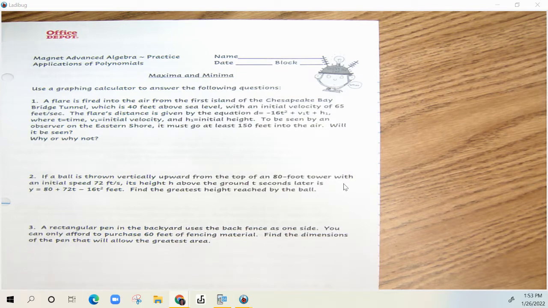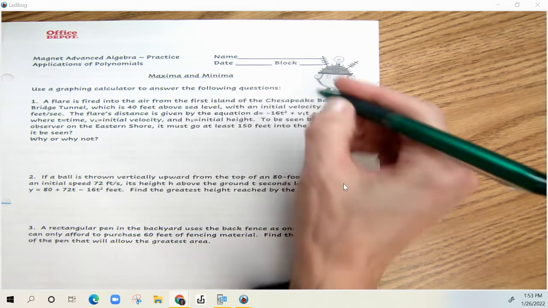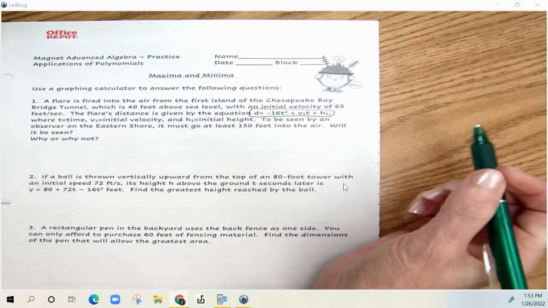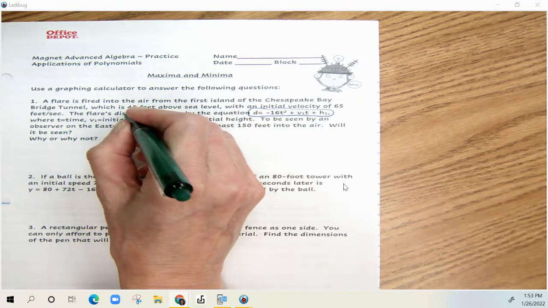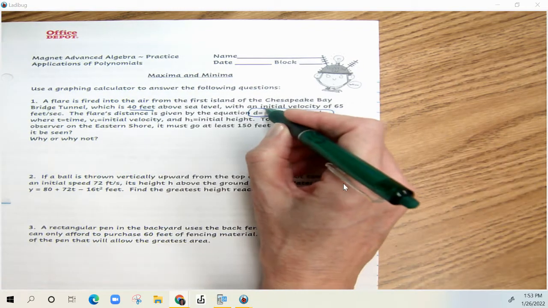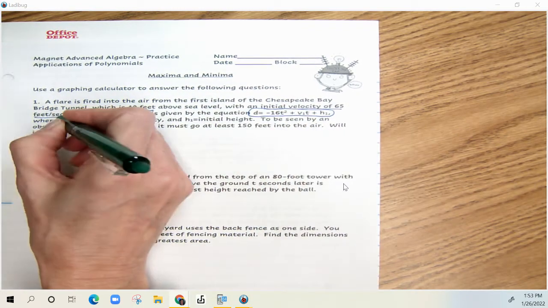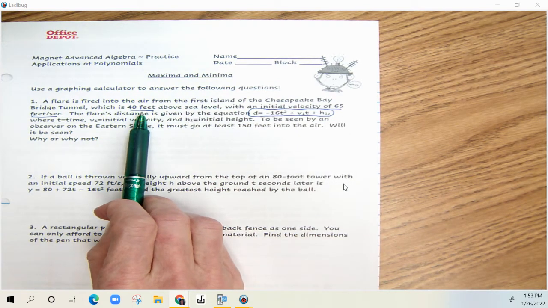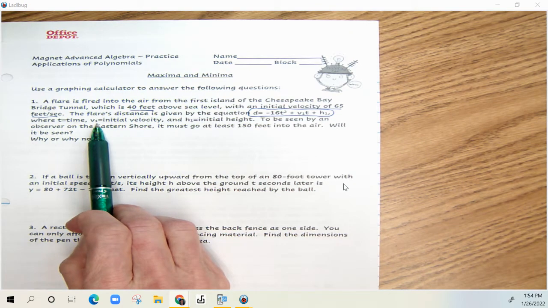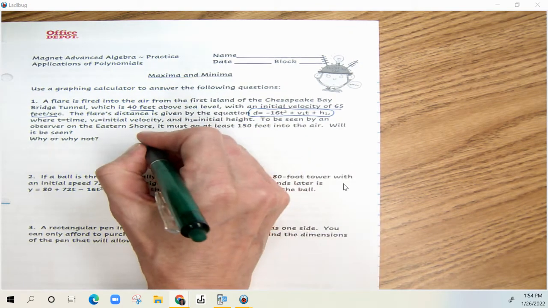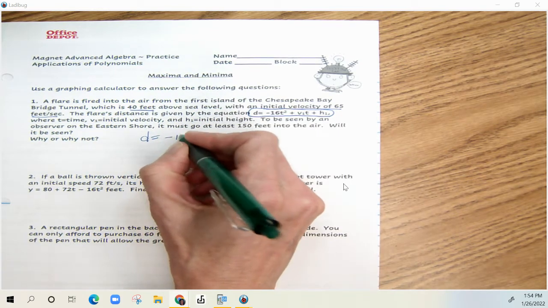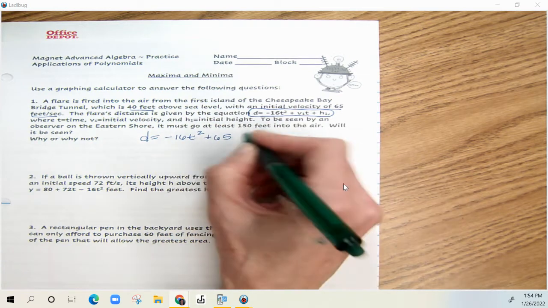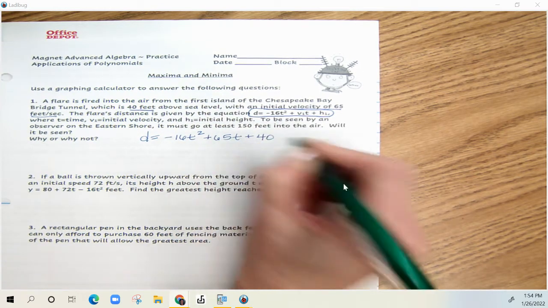They don't come right out and give you the equation in number one, but they give you the format for the equation, and they tell you that it is 40 feet above sea level and there's an initial velocity of 65 feet per second. So h sub 1 is the initial height and v sub 1 is the initial velocity. So therefore, I know that the equation is d equals negative 16t squared plus 65t plus 40.